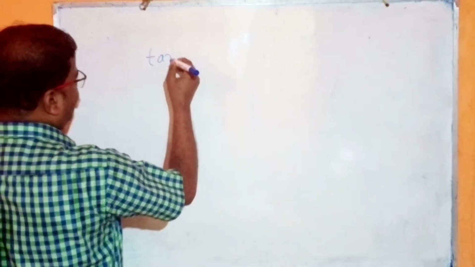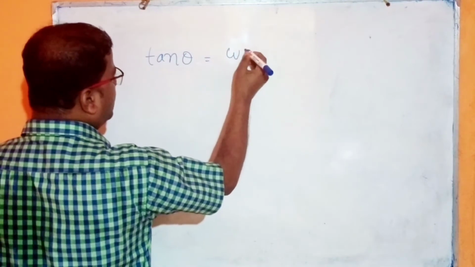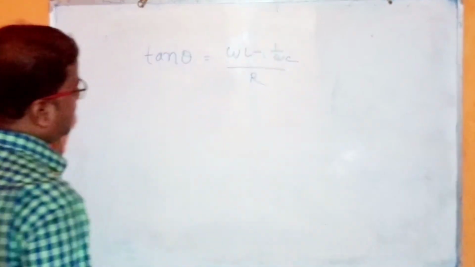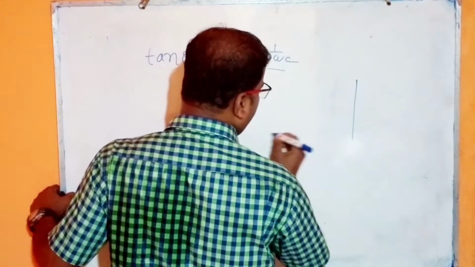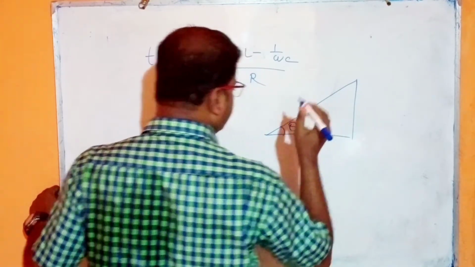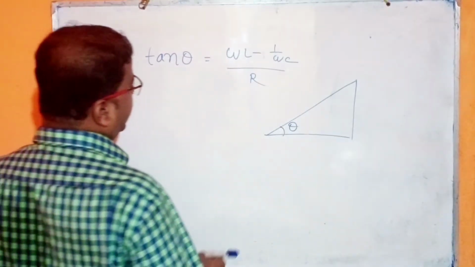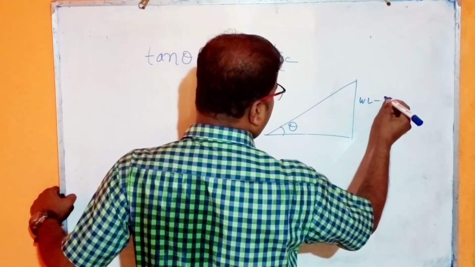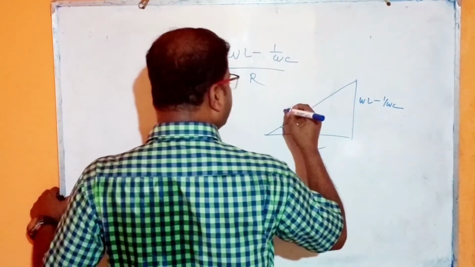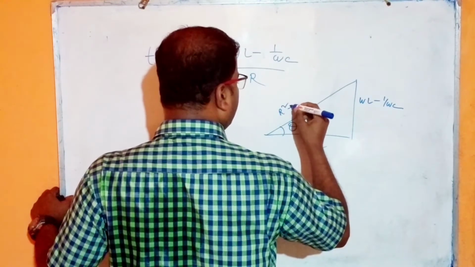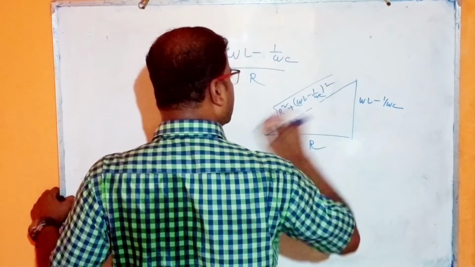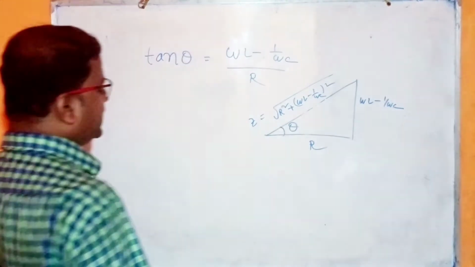We see that tan theta equals omega L minus 1 by omega C by R. If we draw a triangle, this is theta, this is omega L minus 1 by omega C, this is R, and the hypotenuse is the square root of R square plus (omega L minus 1 by omega C) whole square, which is the impedance of the circuit.